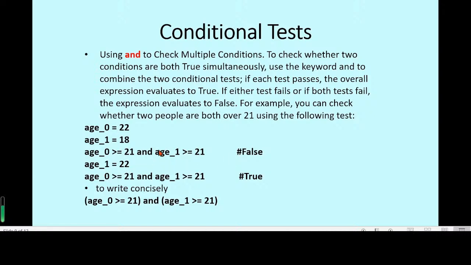The result will be false because one is not larger than or equal to 21. But if we change the second one to 22, then we test again, it will be true because both are older than 21. To write concisely, you can also add parentheses here, so it will be more clear.